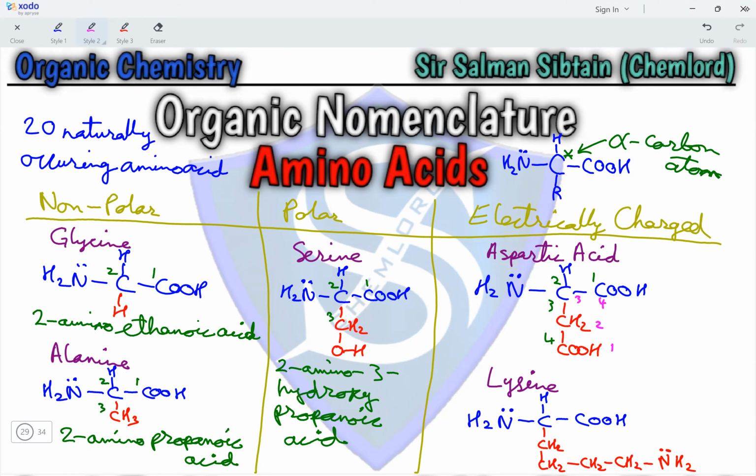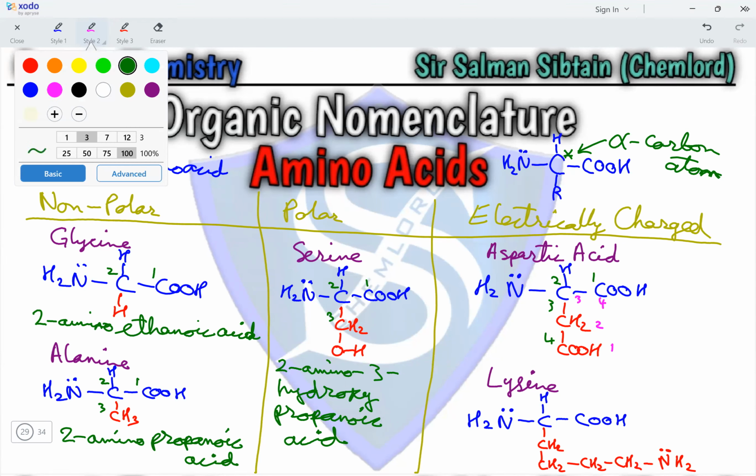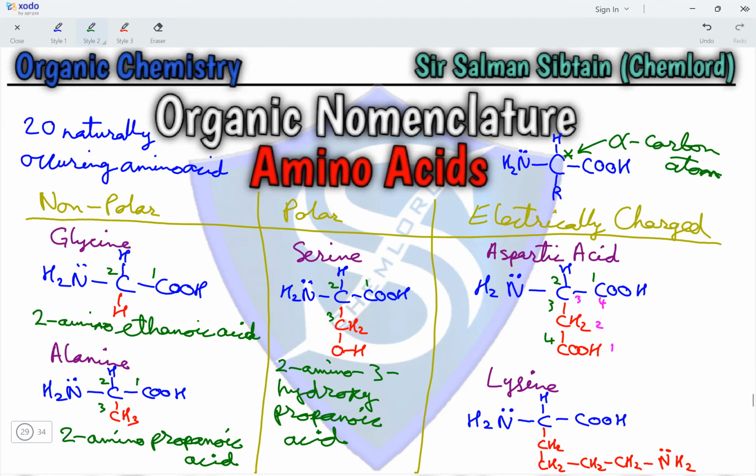So it would be 2-amino if we start from the blue COOH, and it would be 3-amino if we start from the red COOH. So we will start numbering from the blue COOH because that gives a lesser number value to the position of the NH2 group.